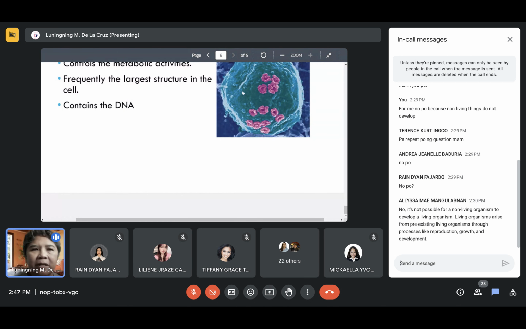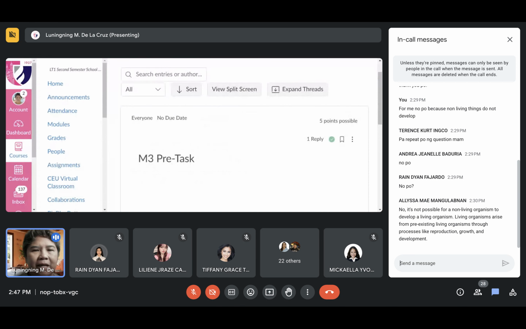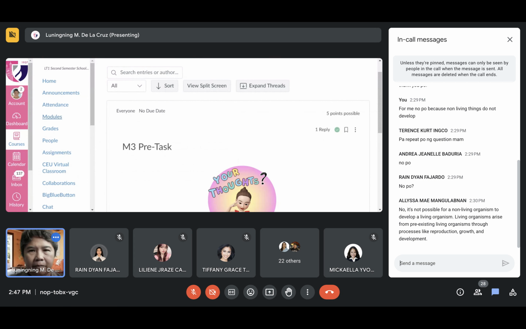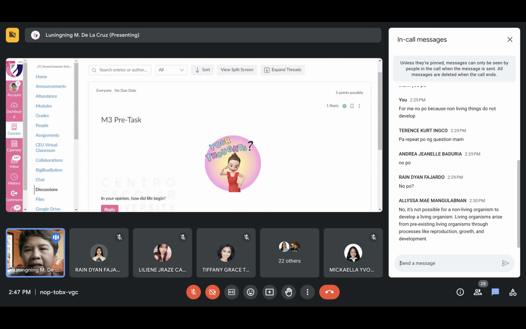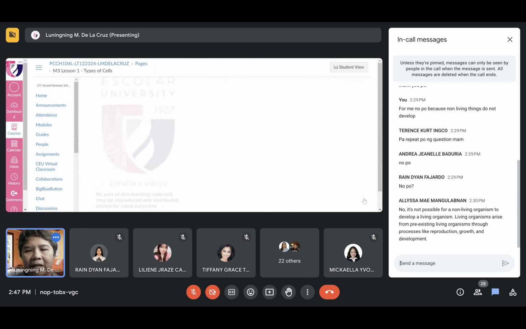Okay, so let's continue. After knowing the different parts of the cell, let us look into the plant cell and the animal cell.